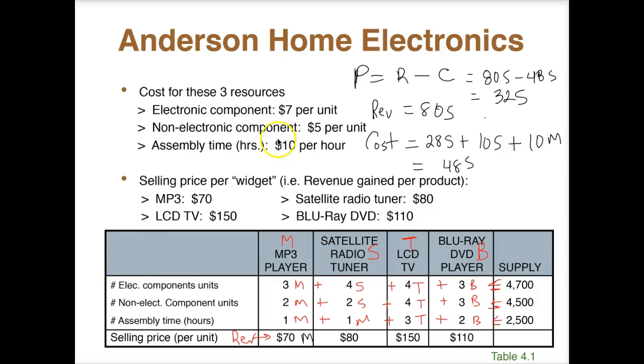All right, so looking back to what we did when we first started off, if we wanted to change the price of the electronic components by $1, here we currently had 7. We changed this to 8. That's going to increase the cost of all of these items here.